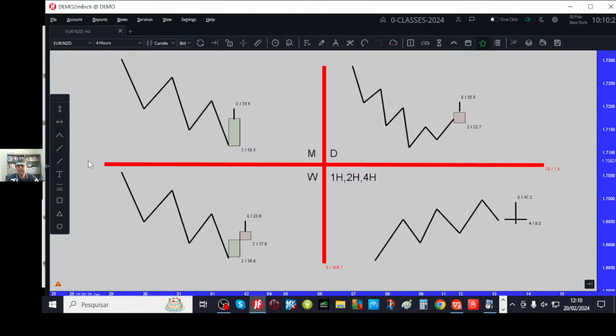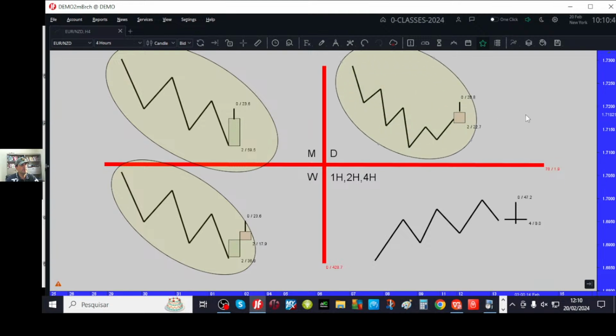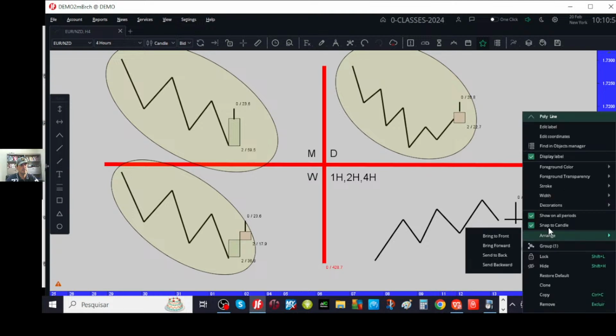Bullish and bearish candlestick formations in multiple time frames. You need to understand what is happening on the monthly, on the weekly, on the daily, for you then to make money consistently, one trade after another, 100 upon 100 of trades on the 1 hour, 2 hour, 4 hour chart.